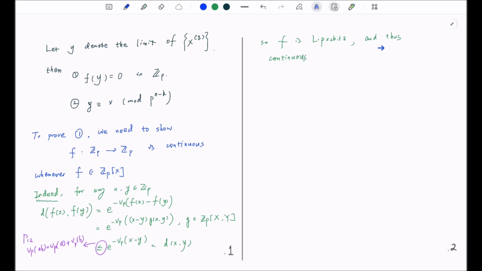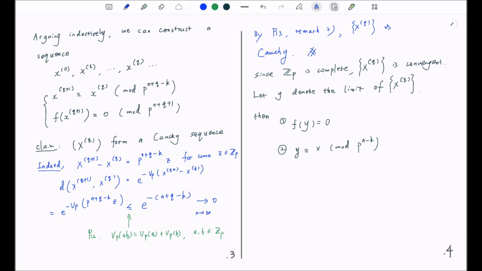And now because f is continuous and x^q converges to y, we have that f of x^q is congruent to 0 modulo p to the power n plus q. This is something we obtained from the previous step. I'm just replacing q plus 1 here by q.